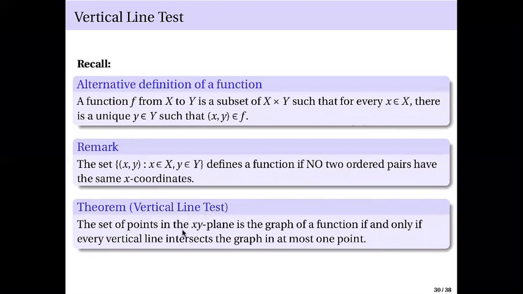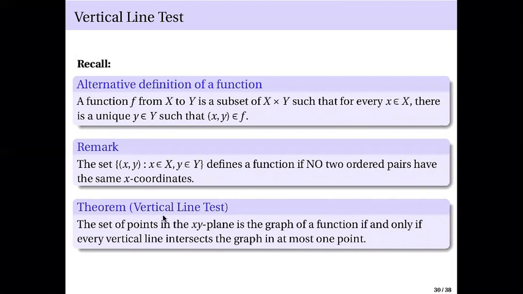The set of points in the xy plane is the graph of a function if and only if every vertical line intersects the graph in at most one point. So every vertical line intersects the graph in at most one point.